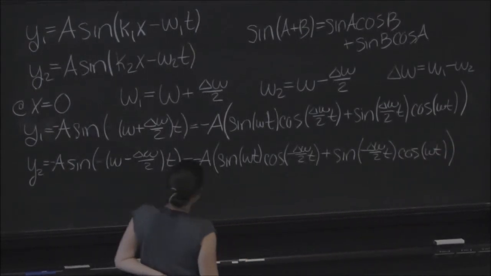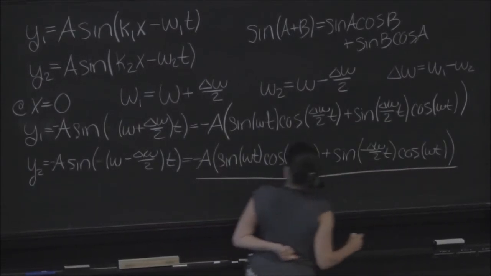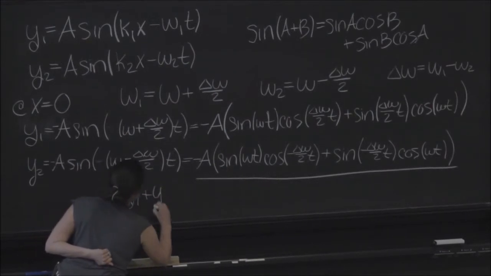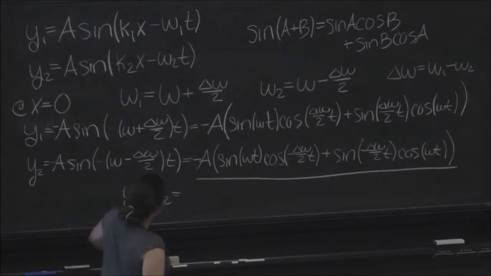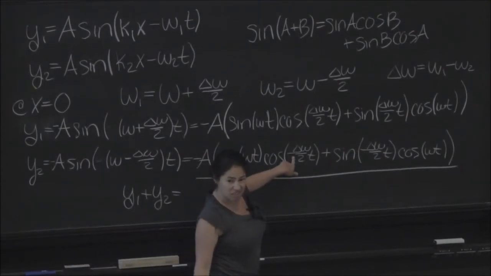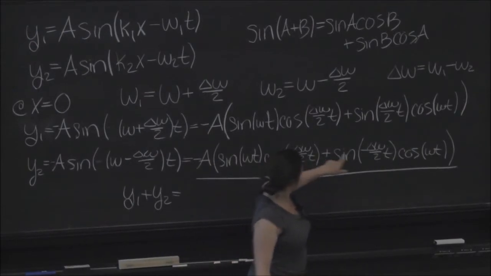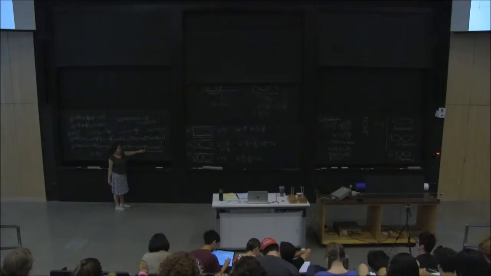Okay, I want to add these two together, y1 plus y2, because that's really what I'm going to be hearing. Cosine of a negative angle is just cosine of the angle, right? Sine of the negative angle, we just said, is negative sine of the angle.